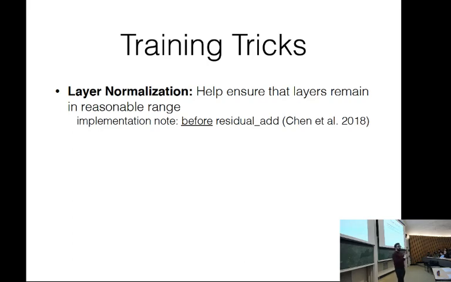Now, all the popular implementations of the transformer out there, like Tensor2Tensor, the Fairseq implementation, the OpenNMT implementation, switch that to doing the layer normalization before they add the residual connection. That significantly improves the way the model behaves. The only problem is that not all papers note that distinction, but it significantly improves the way that you can train it.